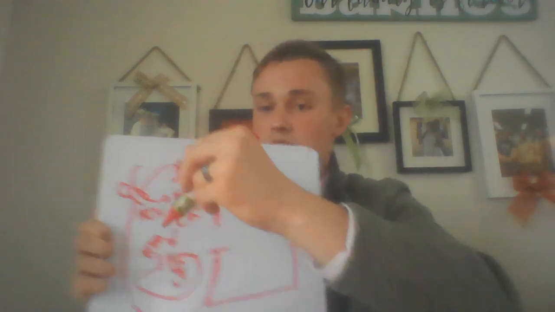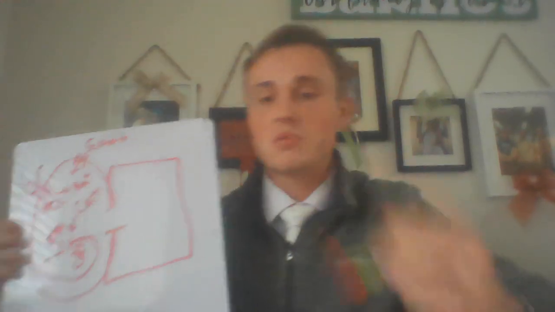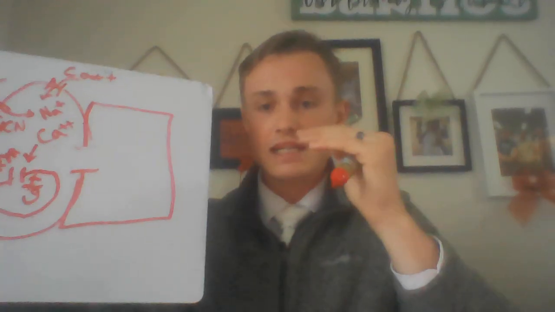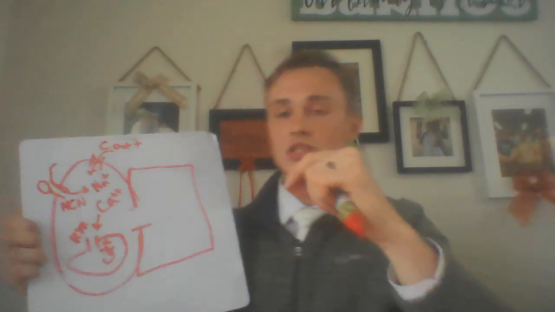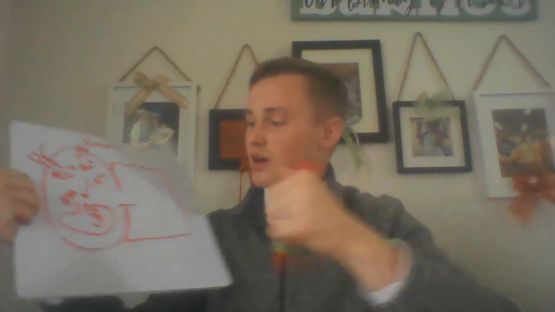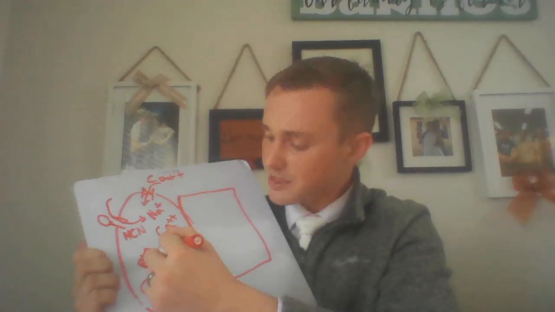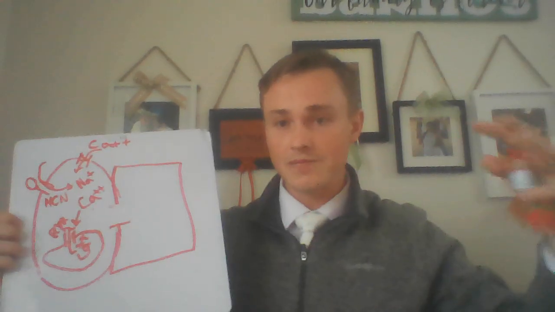Our calcium comes in, and it binds to our RYR. Now remember, our RYR channels are ligand-gated, which means they have to have a particle that attaches to the channel, which opens it up, making our sarcoplasmic reticulum calcium available to rush out into the rest of the cell.